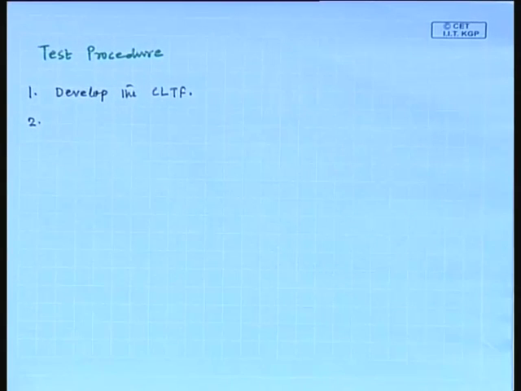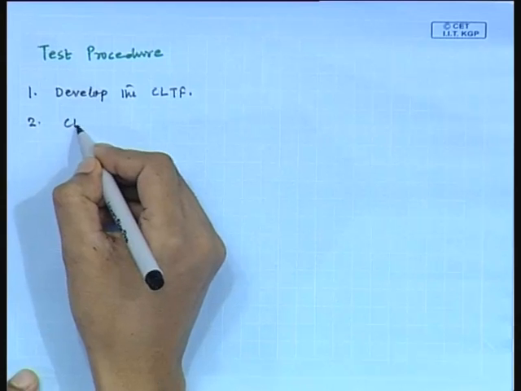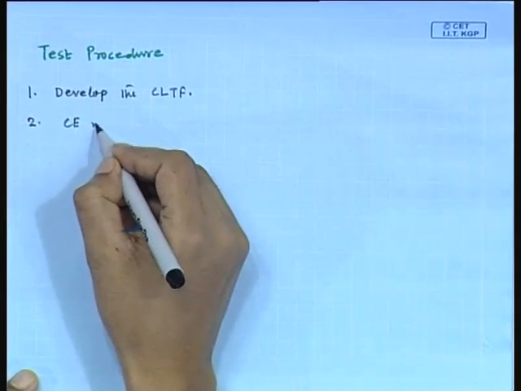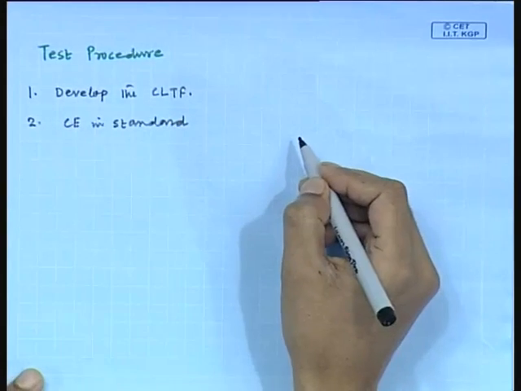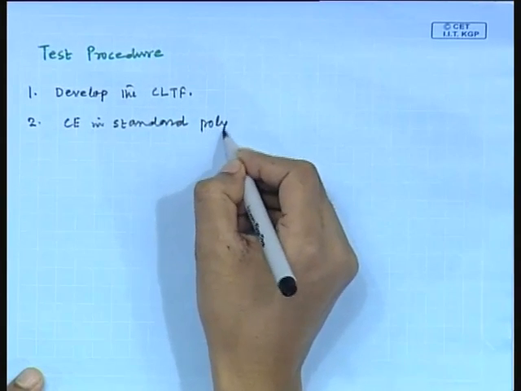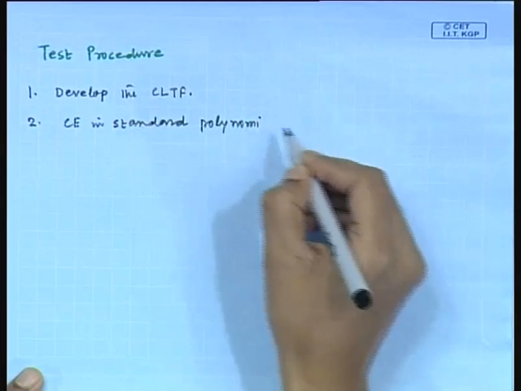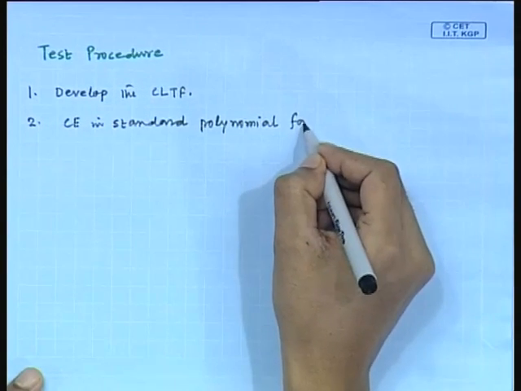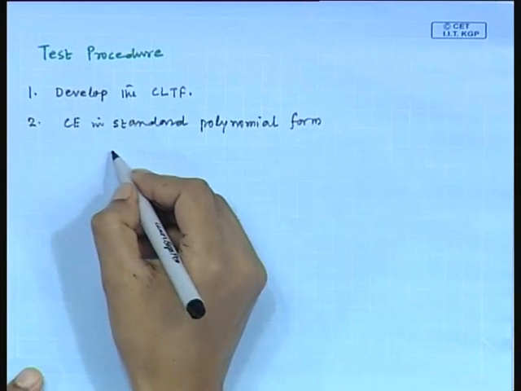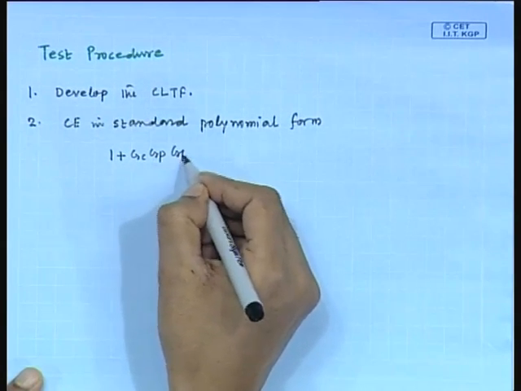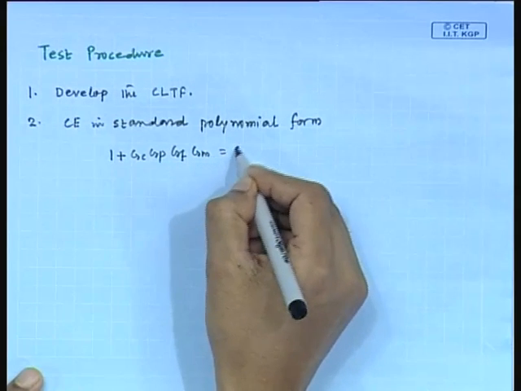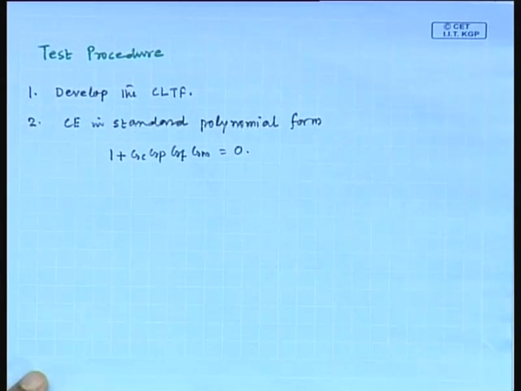Secondly, write the characteristics equation in standard polynomial form. That is 1 plus Gc Gp Gf Gm equals 0.